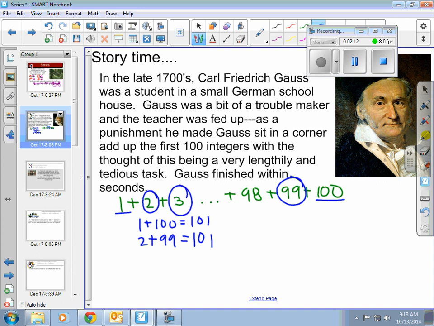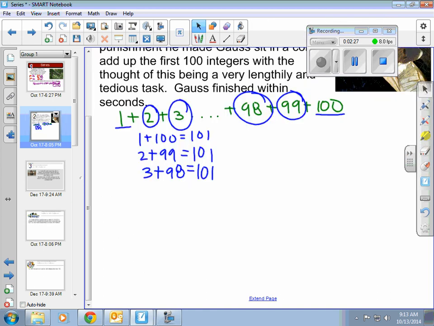If you take 3 plus 98, every single time he was getting 101. Then think about how many pairs there would be. One pair would be 1 and 100, another pair would be 2 and 99. He noticed that the sum would just be the number of numbers, 100, divided by 2, because there were 50 pairs, and every single time they were adding up to 101.